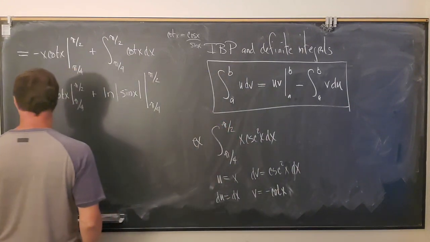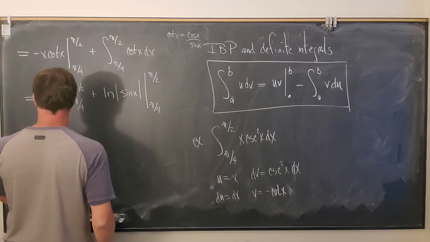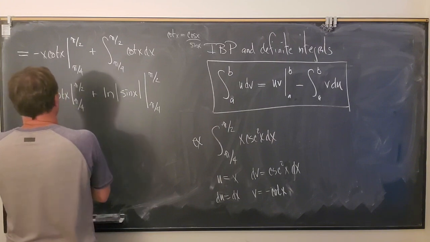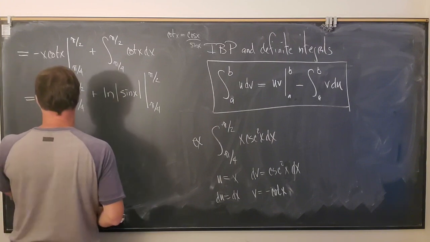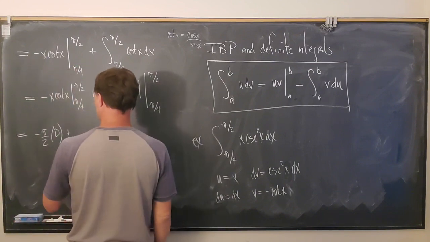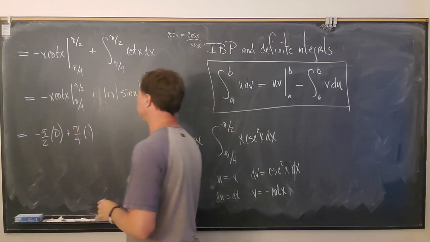And now let's plug in the limits of integration. This will be negative pi over 2 times cotangent of pi over 2, so that's 0. And then plus, when I plug in pi over 4, we'll have pi over 4 times cotangent of pi over 4, which is 1.